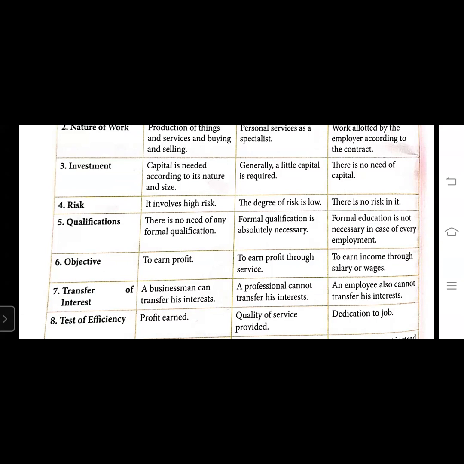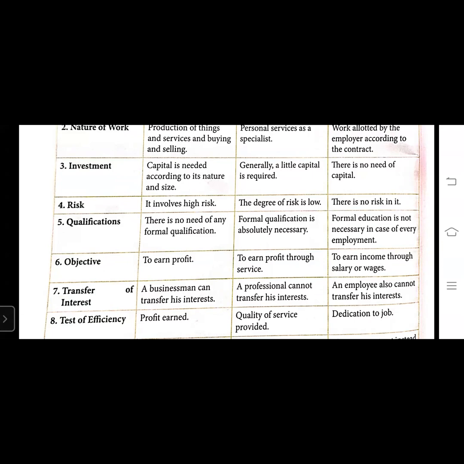Then objective. The main motive in business is to earn profit. The main objective of profession is to earn profit through services. And the main objective of employment is to earn income through salary or wages.